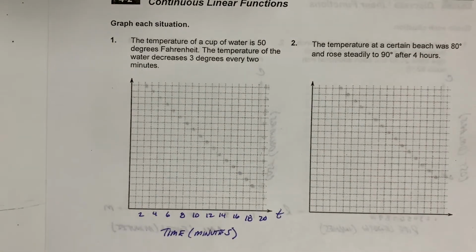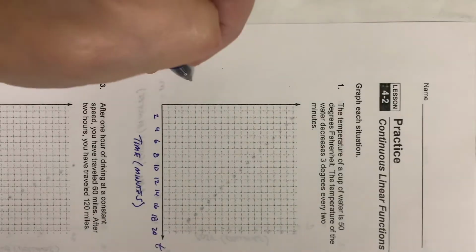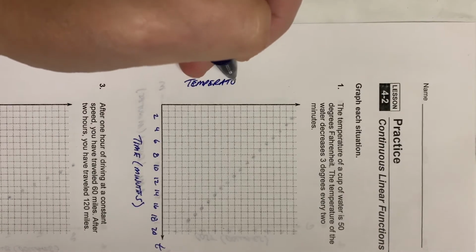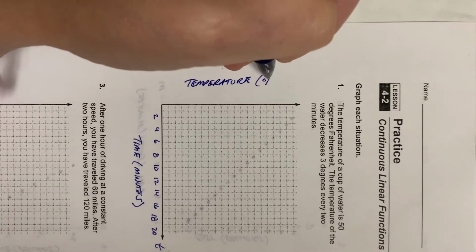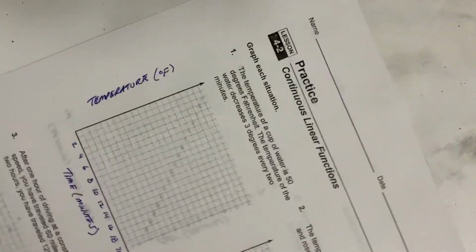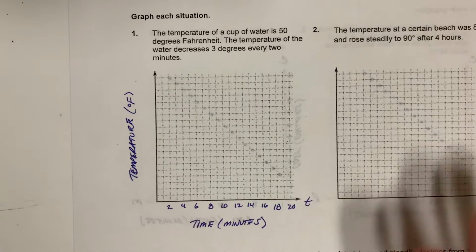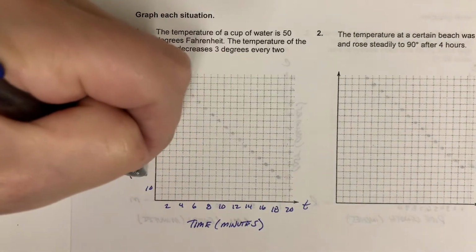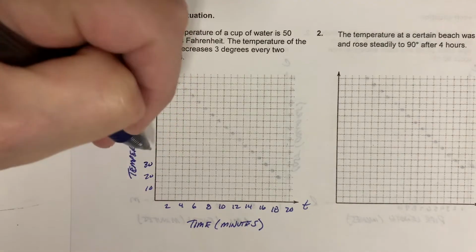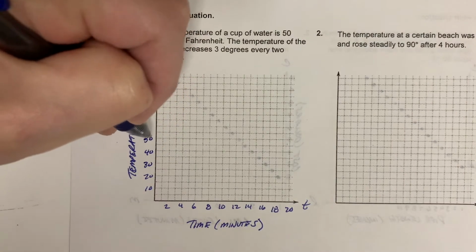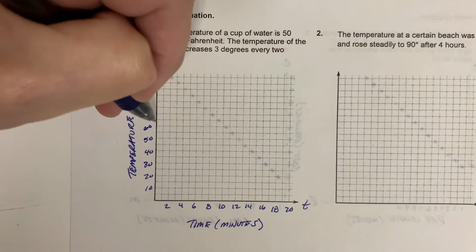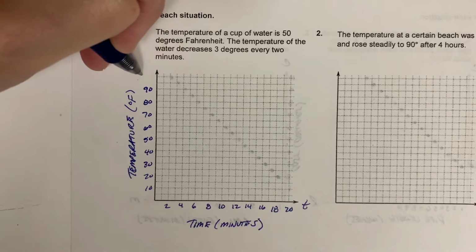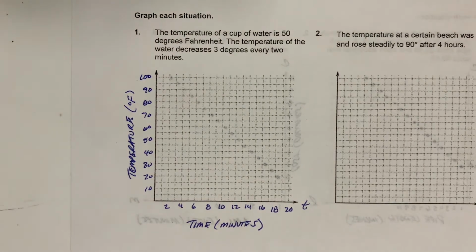And our dependent variable will be temperature. And that's going to be in degrees Fahrenheit. And so that's going to go by, let's see, I think I'm going to go by fives this time. So 5, 10, 15, 20, 30, 40, 50, 60, 70, 80, 90, 100.